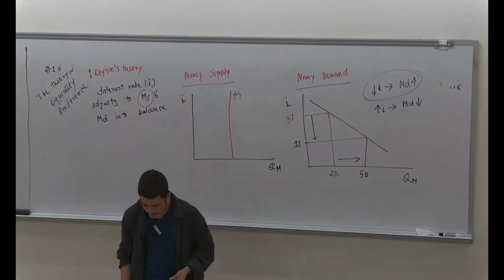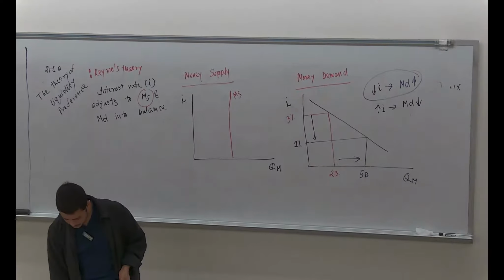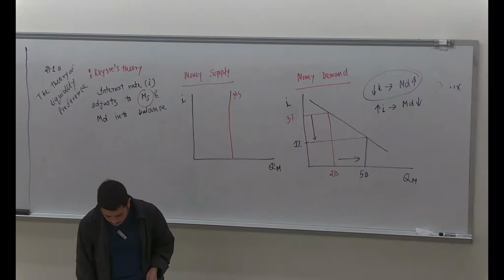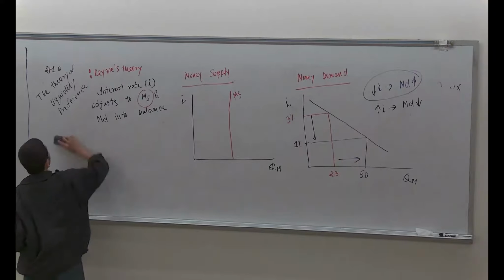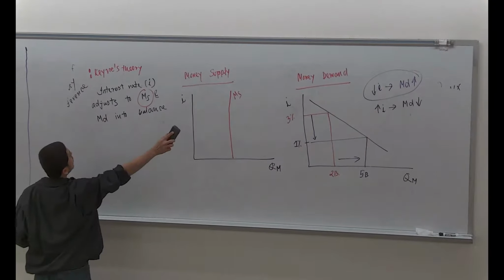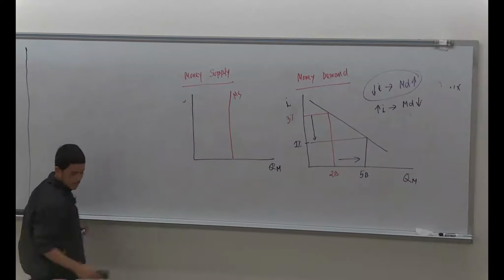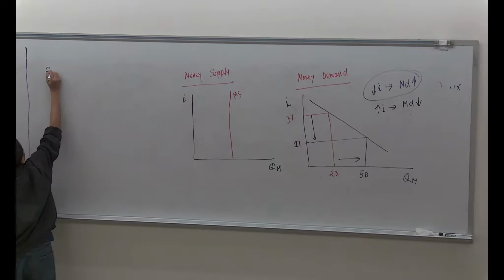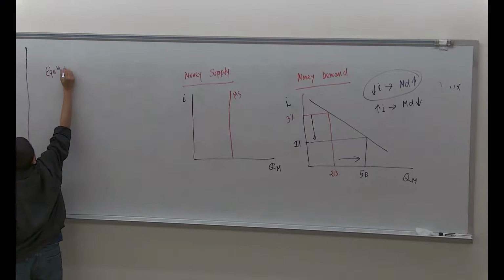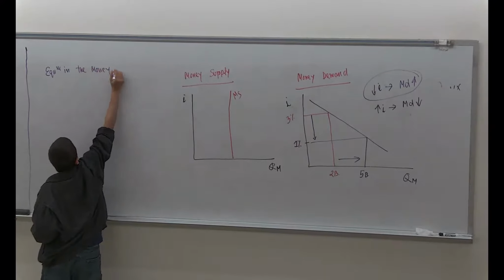Now let's explain the equilibrium in the money market. I'm going to use a diagram, figure 1 on page 456. We talk about the supply, we talk about the demand. How does it become the equilibrium?